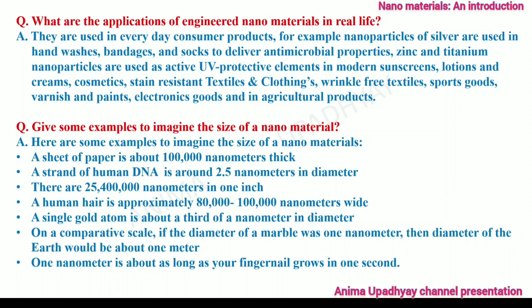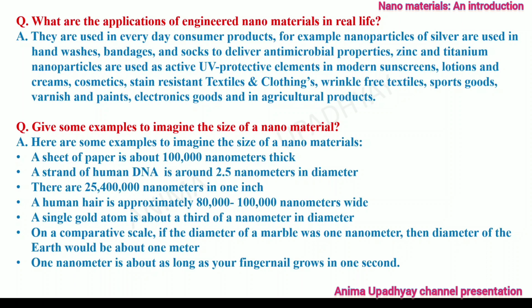Other than this, zinc and titanium nanoparticles are used as active UV protective elements in modern sunscreens, lotions and creams, cosmetics, and in stain resistant textiles. If something falls on your clothing, you just wash it.